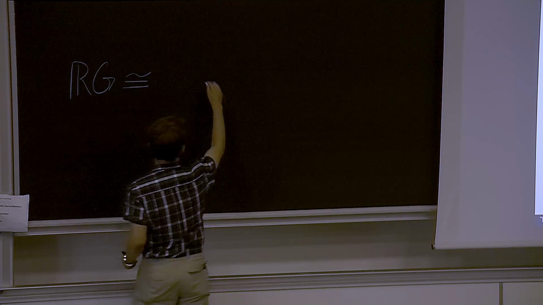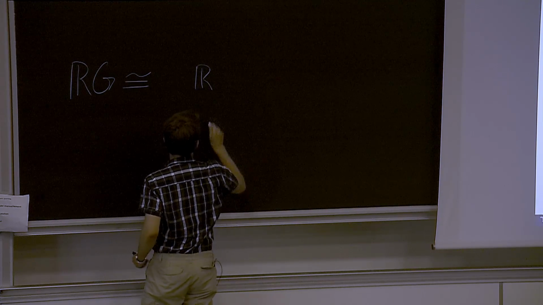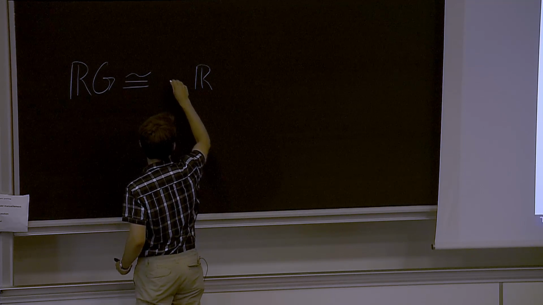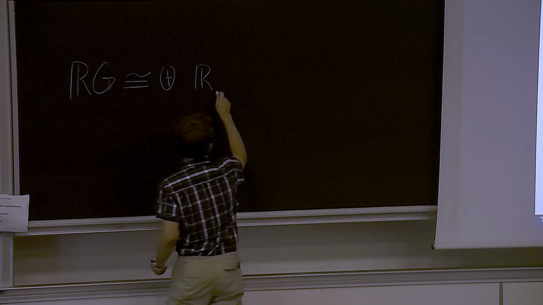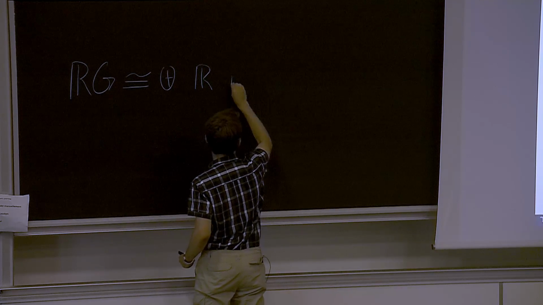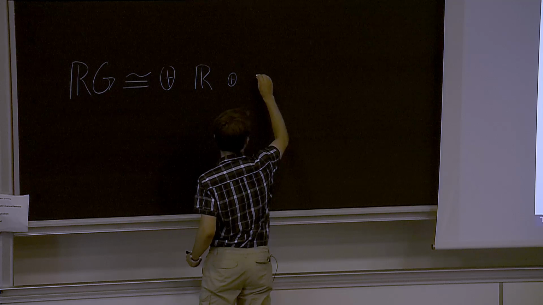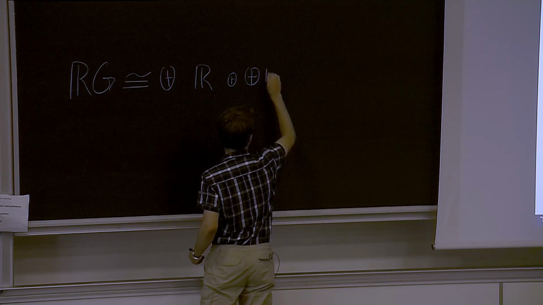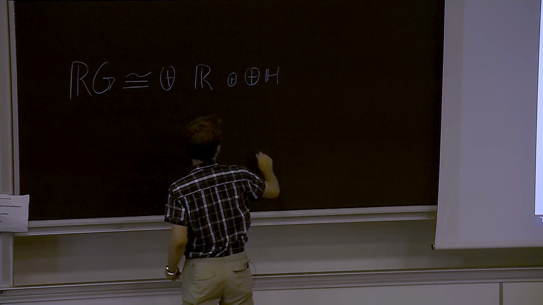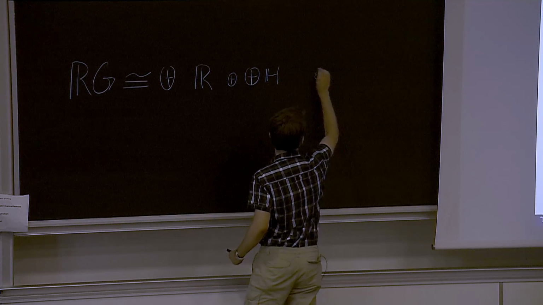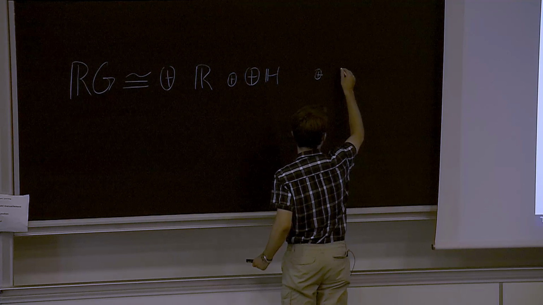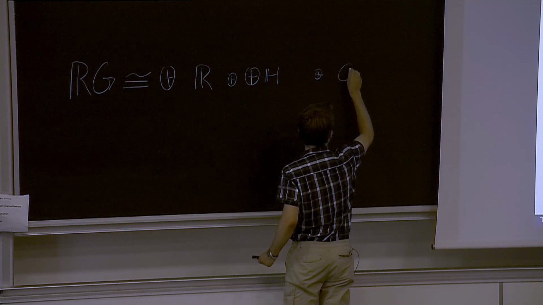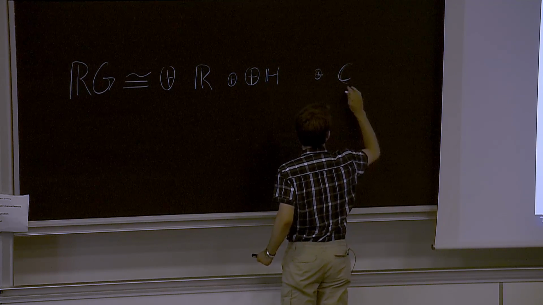The first one being just the real numbers. Then we have the Hamilton quaternions, which I'm going to denote by this H. And finally, we have just the complex numbers. Well, this algebra, it's still a division ring, but it's not central simple. But we don't care about that.